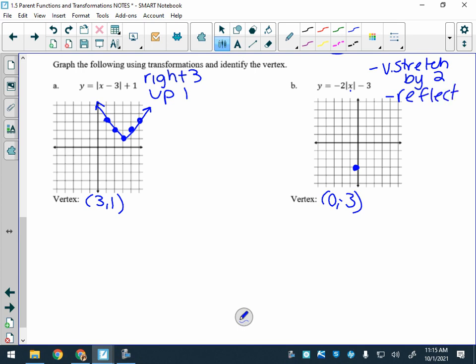And Brian, what's the last one? Good. Down 3. So, since we have -2 in front, that is actually our slope. Okay? So from the vertex, we go down 2 to the right and also to the left. We have our graph.